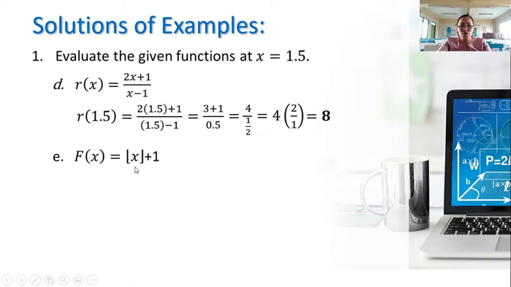Since the specified number is 1.5, replace all x's on both sides of the equation. So this will become f of 1.5, which is equal to the floor function of 1.5 plus 1. Now looking into the value of the floor function of 1.5, think of the largest integer that is less than a number that should not exceed 1.5.